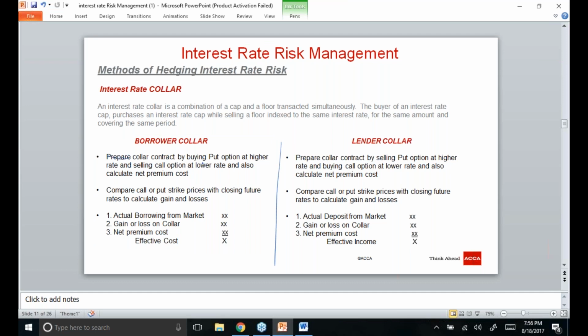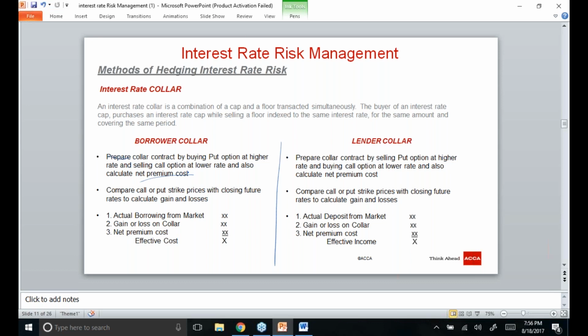Make a collar contract by buying put option at a higher rate and selling call option at a lower rate, and also calculate their net premium cost. So you will set the collar in the very first step.